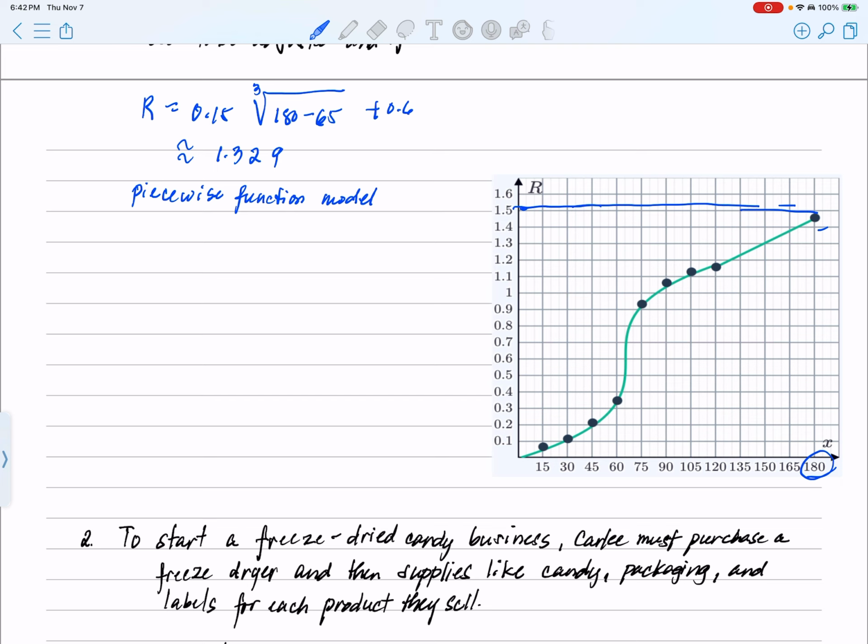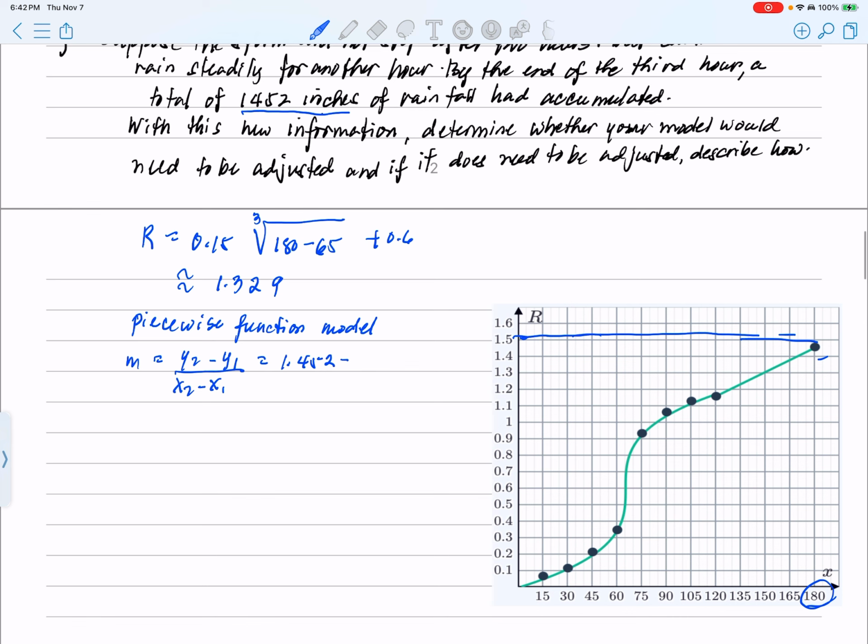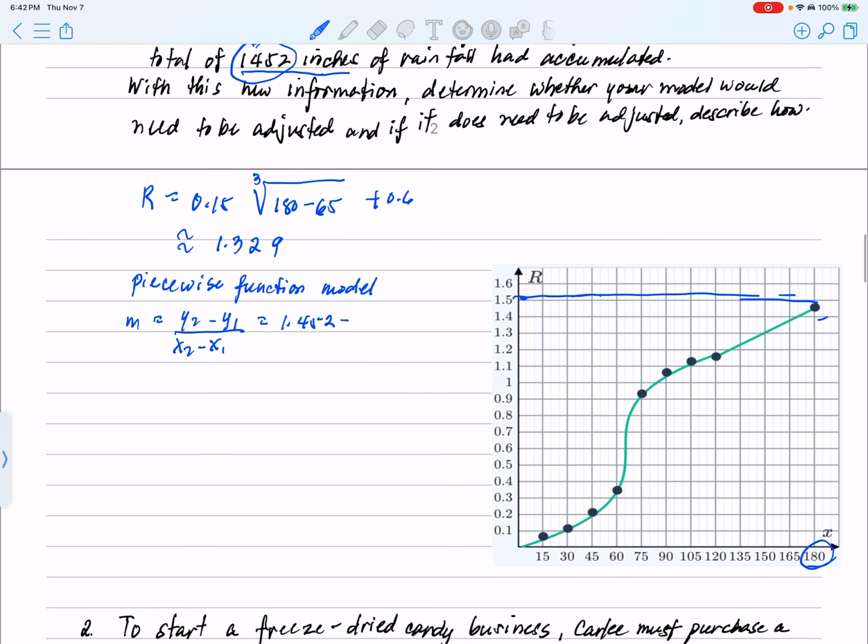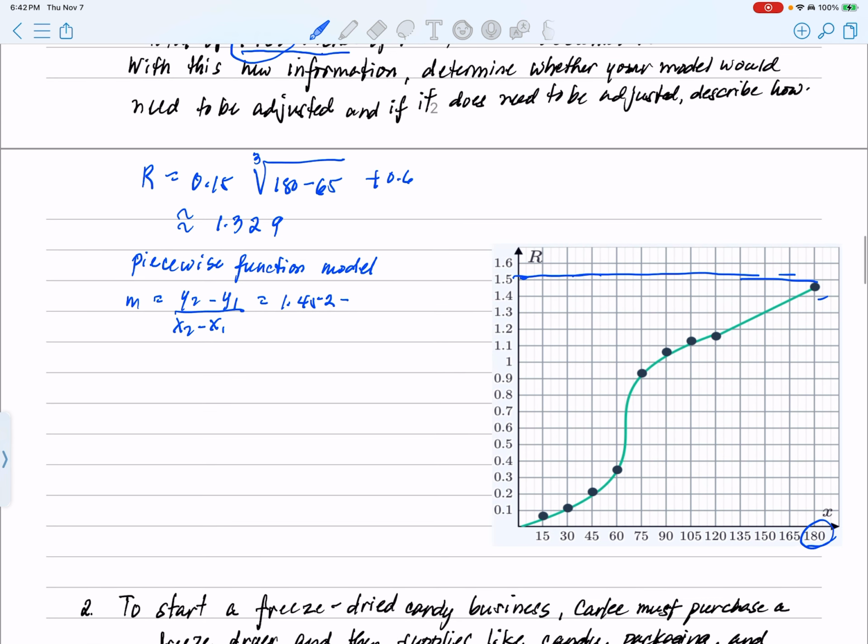So we could use the slope, y2 minus y1 over x2 minus x1. So we can have, let's say, 1.452. That's the accumulation here, 1.452 minus 1.158 over 180 minus 120.